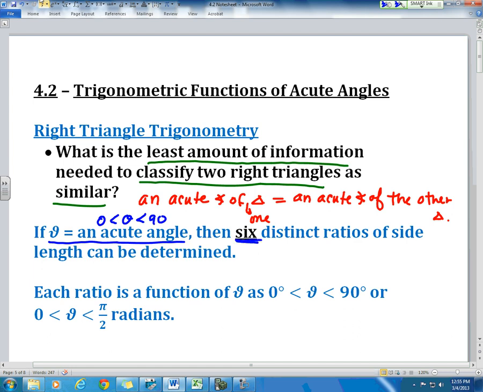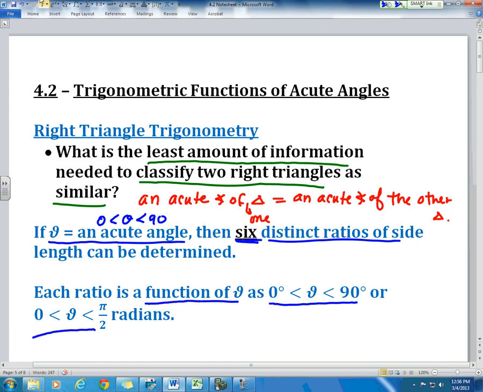We're going to go through these 6 ratios on the next screen. Each ratio is a function of theta, so we can write these as a function of theta, knowing that theta falls between 0 and 90 degrees if we're working in degree measure, or between 0 and pi over 2 radians.